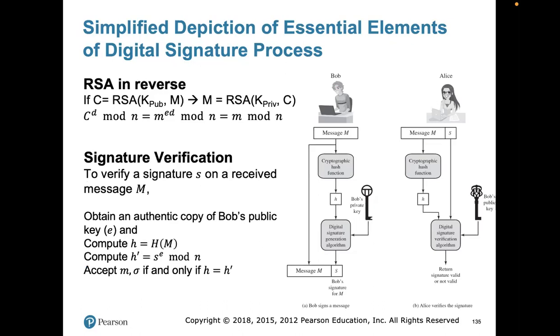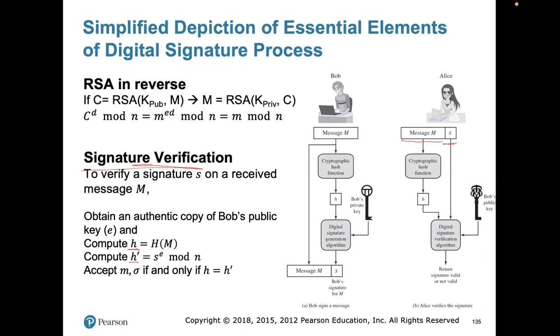And here is the signature verification process, or checking the signature, how Alice makes sure that the message that came from Bob is really from Bob. Like I said, she takes the signature, and first she generates another hash from the message, another H, let's call it H prime.